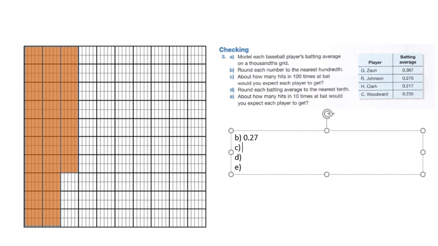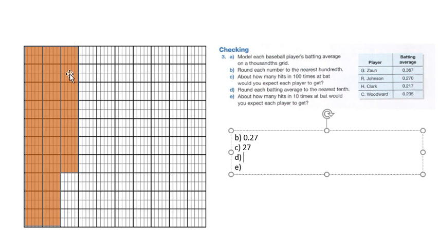So C is asking about how many hits in 100 times at bat would we expect? And this would be approximately 27, because 27 hundredths means 27 shaded out of 100. So we would expect approximately 27. D is asking round to the nearest tenth. So to round to the nearest tenth, once again, we want an entire column to be filled in.